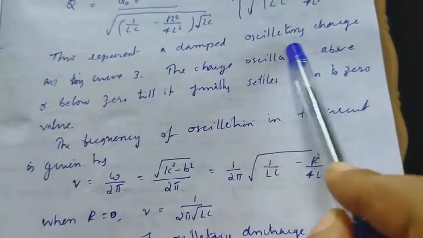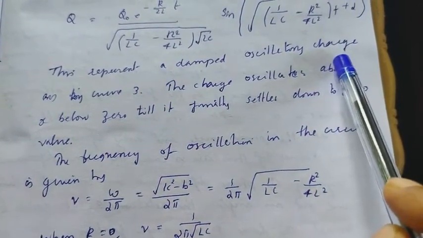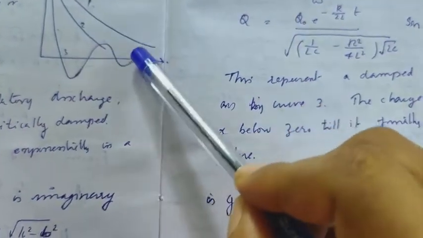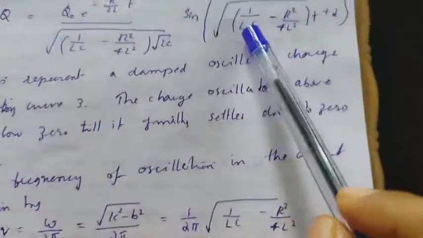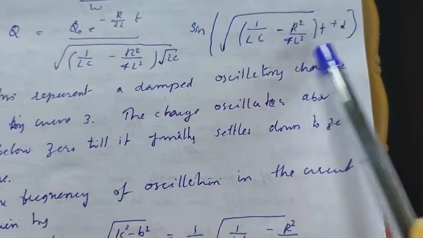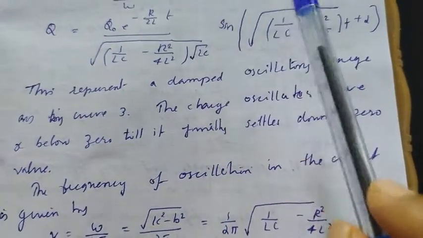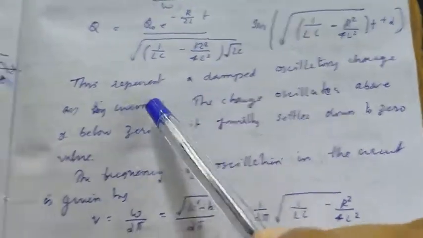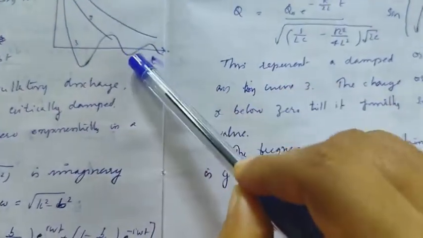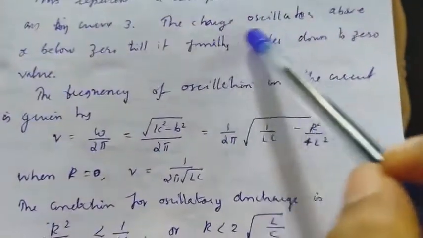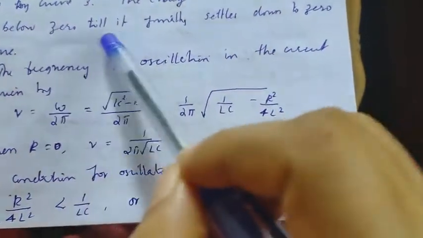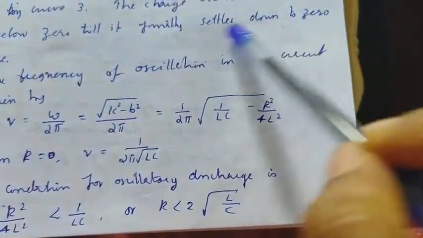This represents a damped oscillatory charge as shown by curve 3. This is the curve representing this equation, because we know there is a sine function here, so this is a sinusoidally varying function, so its nature will be oscillatory. That's how this curve comes. The charge oscillates above and below until it finally settles down to zero.